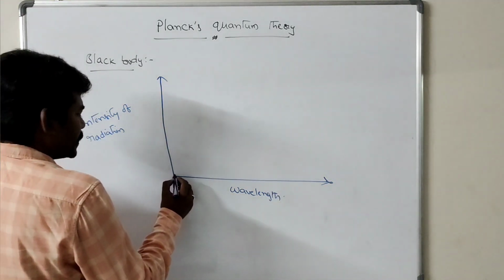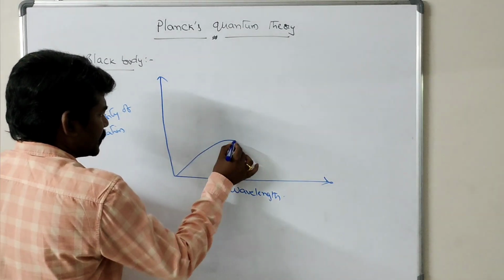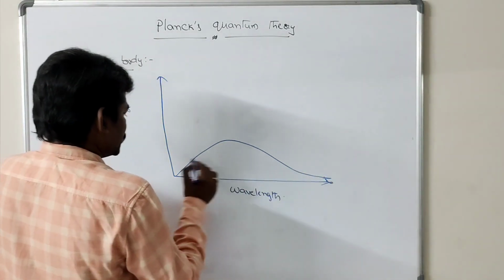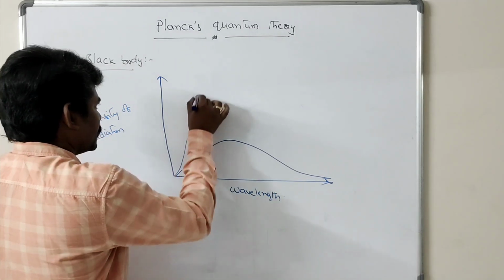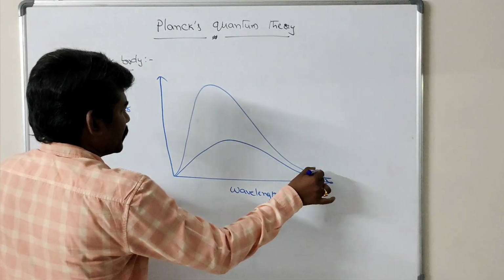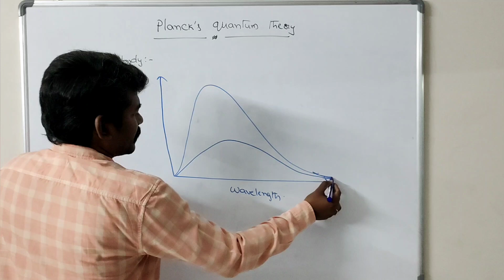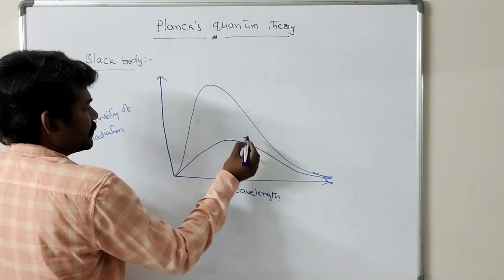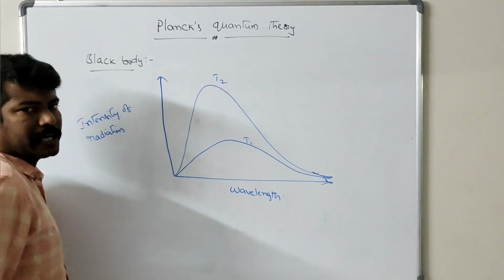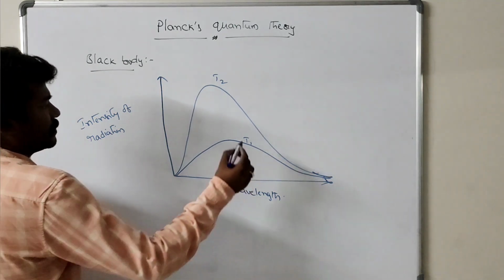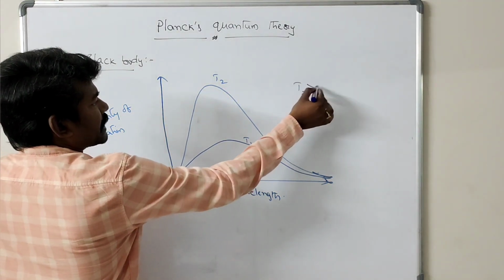At two different temperatures, we have such types of graphs. This is at T1 temperature and this is at T2 temperature. T2 is greater than T1.